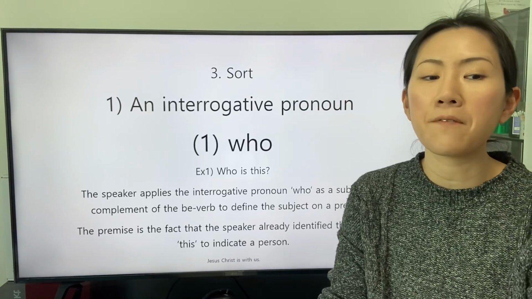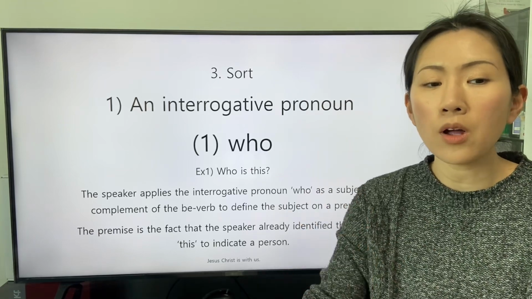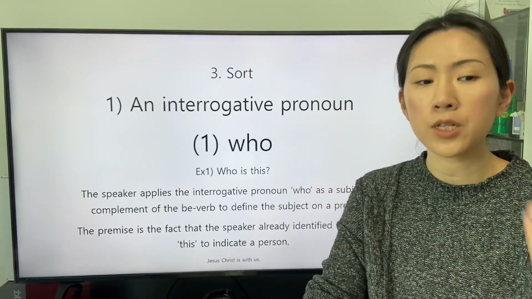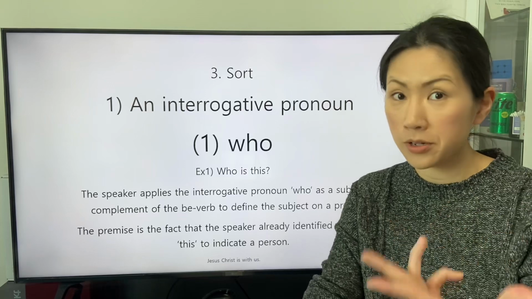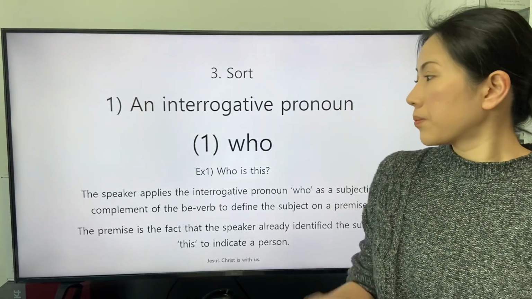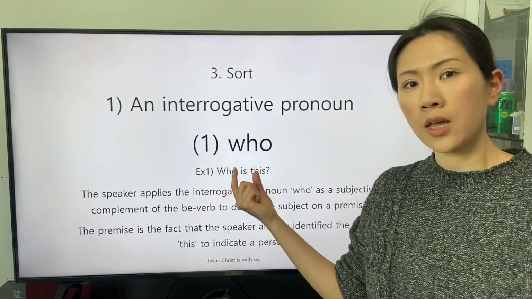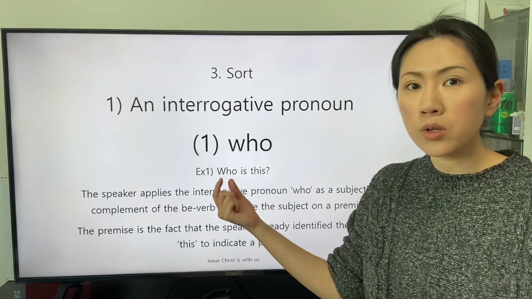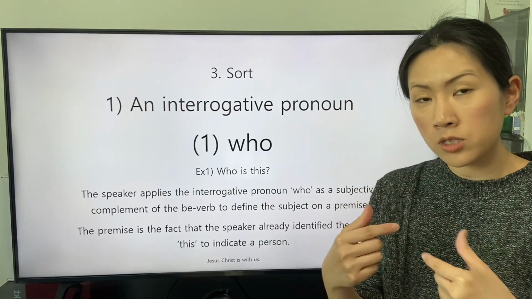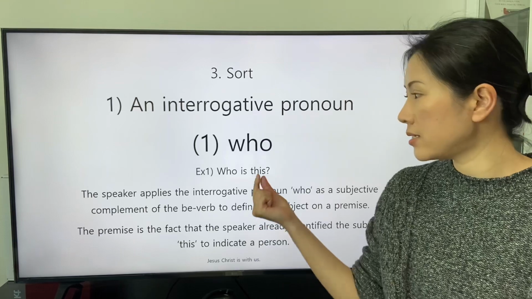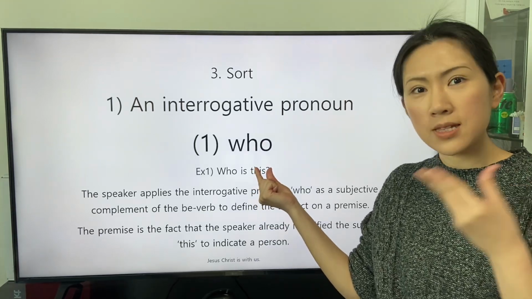The premise is the fact that the speaker already identified the subject this to indicate a person. The interrogative pronoun who as a subjective complement defines the subject this.